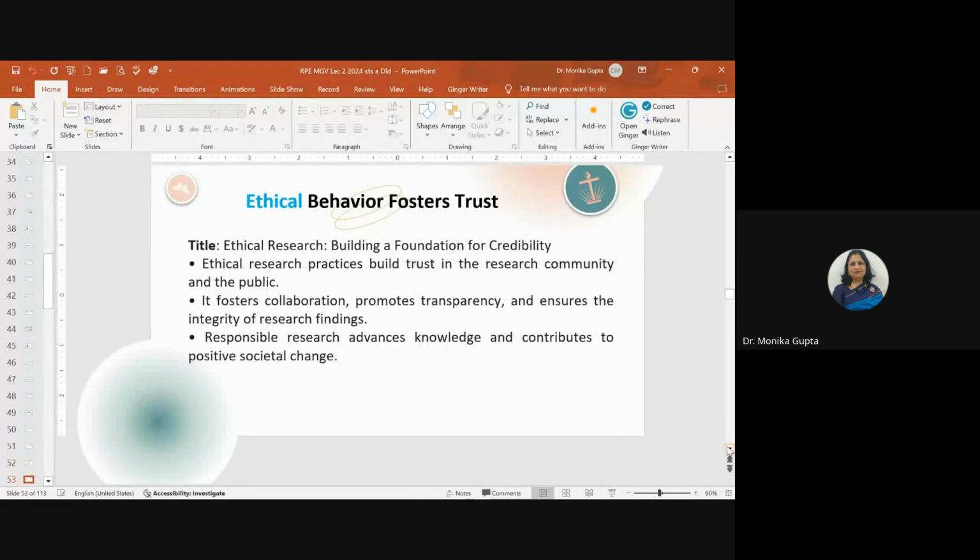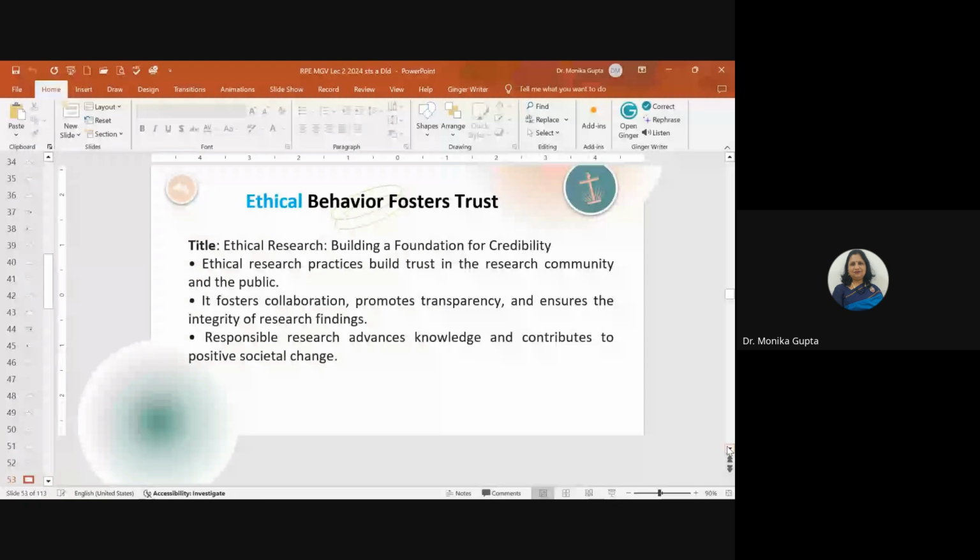So ethical behavior fosters trust. Ethical research publications are the cornerstones of building trust, not only within the research community but also within the public at large. By adhering to ethical principles, researchers create an environment where collaboration can flourish based on transparency of methods and findings. This transparency allows for critical review, replication, and ultimately the advancement of reliable knowledge.